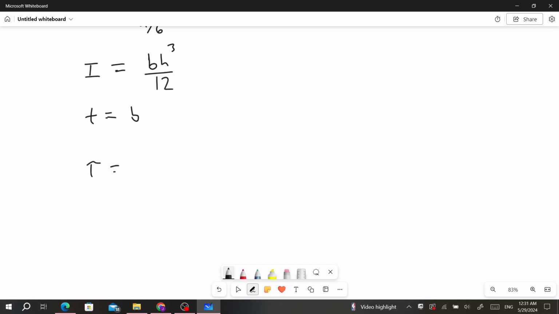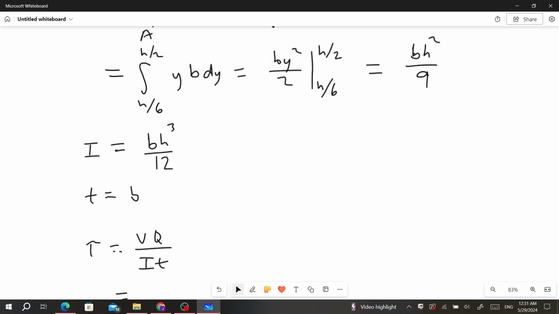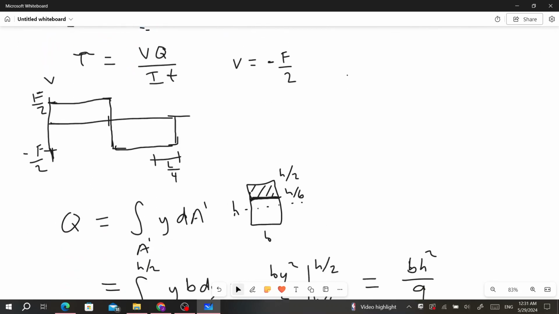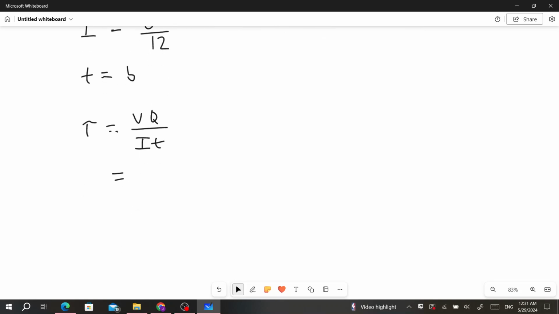So we can plug everything in now. Tau is VQ over It, which is equal to V. Remember we said that that was minus F over 2, right? Q, we calculated above, is bh squared over 9.